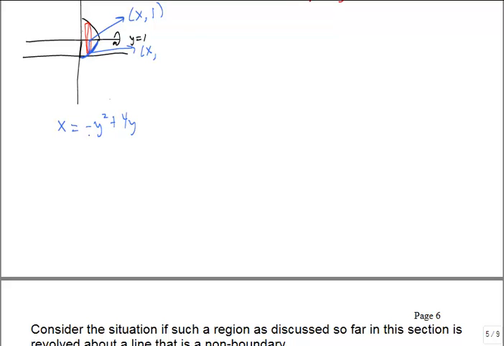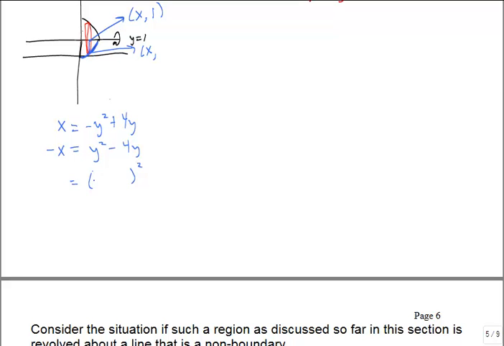So the first thing I'm going to do to make completing the square easier is get rid of this negative in front of that y squared by multiplying everything through by a negative. So this would become a minus x equals a positive y squared and a minus 4y. Now, what I want to do when I complete the square is turn this right-hand side into a quantity squared.